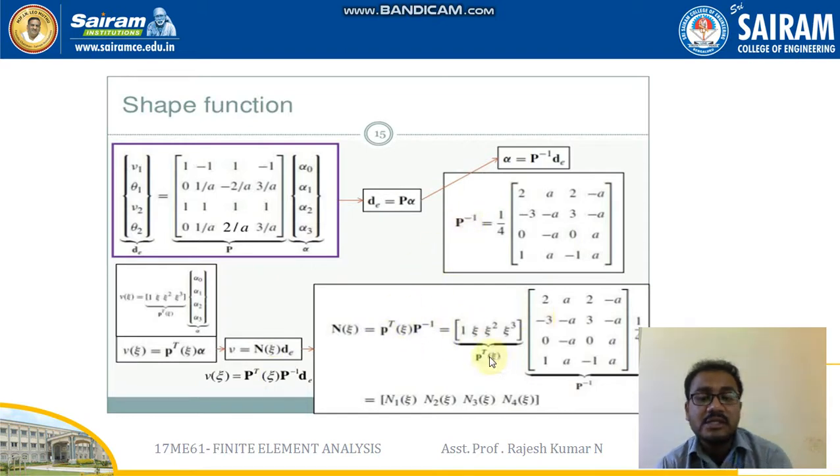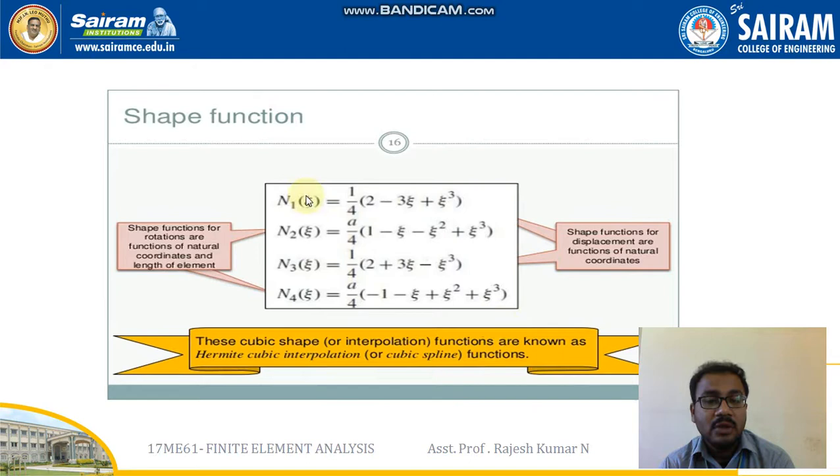If I substitute in these, ultimately I will be getting this particular thing, and in short form I can write it as N1 zeta, N2 zeta, N3 zeta and N4 zeta. So this is the shape function value I will be getting. The shape functions for rotations are functions of natural coordinates and the length of the element, and the shape functions for the displacements are functions of natural coordinates. Both are there. This is the shape function, which is also called the Hermite shape functions.